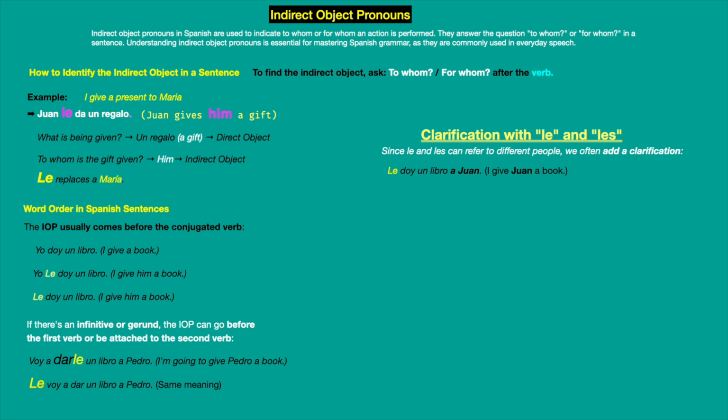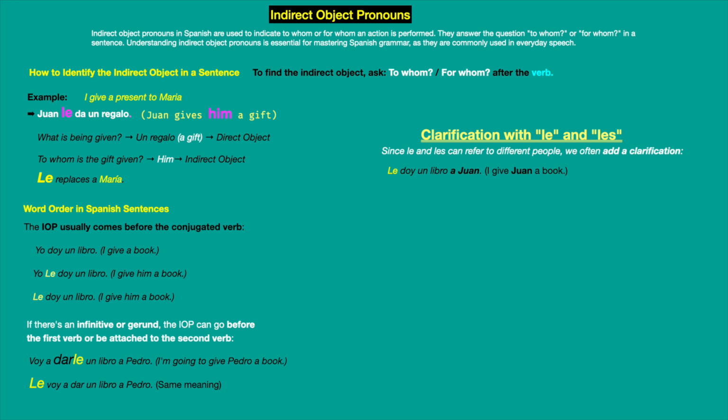Here we have "le doy un libro a Juan". So "a Juan" is just clarifying to whom you are going to give the book. In English, you will say, I give Juan a book, or I give him a book. But you cannot say, I give him a book to Pedro. So it's a little bit out of English. You will say, I give him a book.